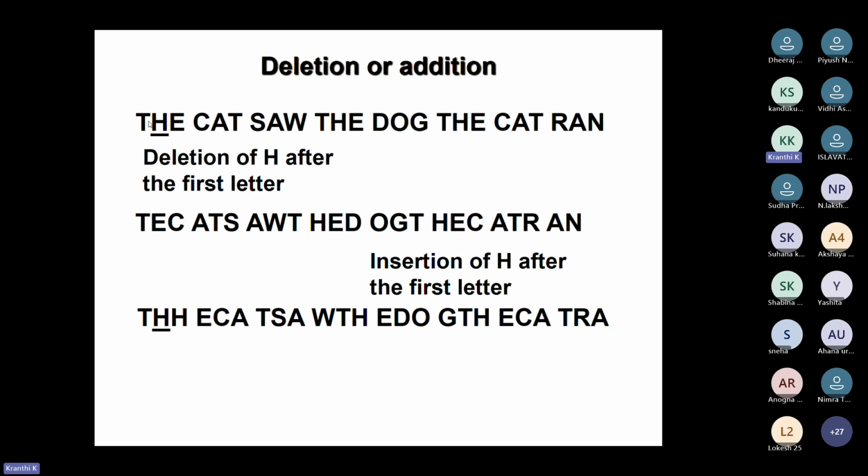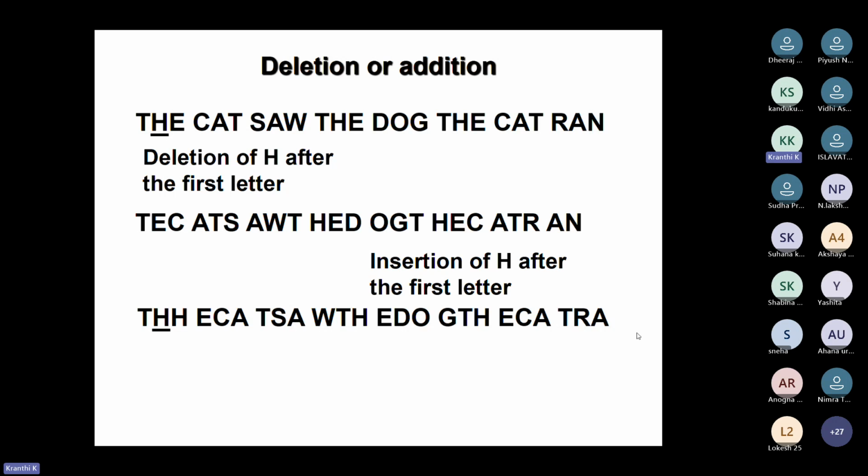We just removed this H and split them three by three, so there's no meaning, right? Or you insert one more in the place of H, you add one more here. Then it will become THH, ECA, TSA. There's no meaning for this one, right?